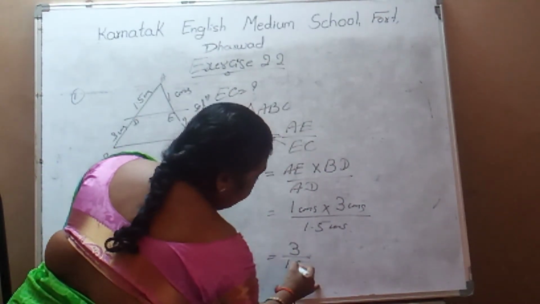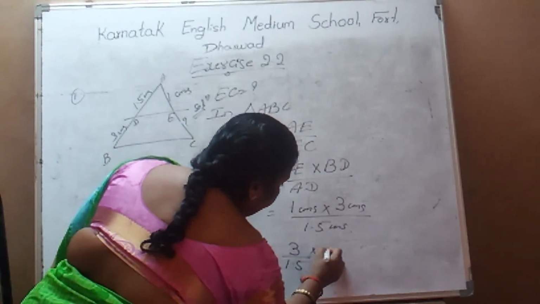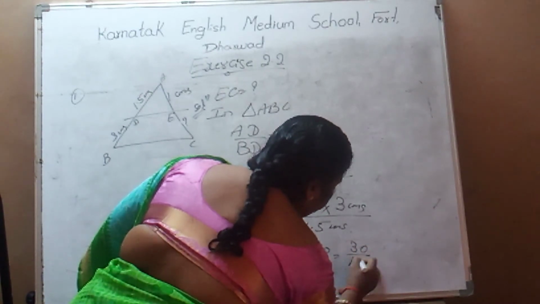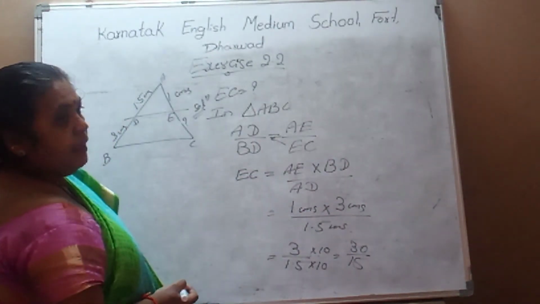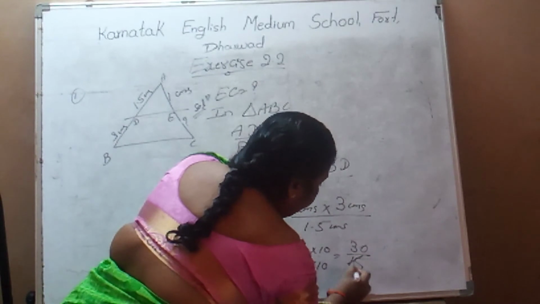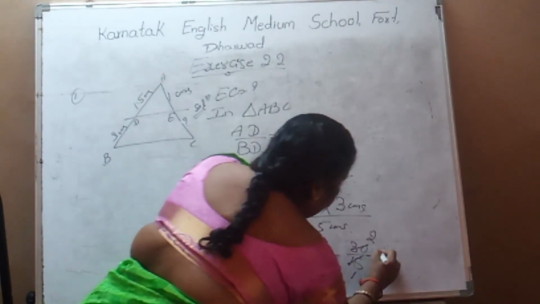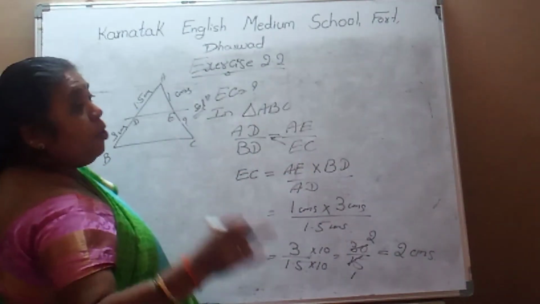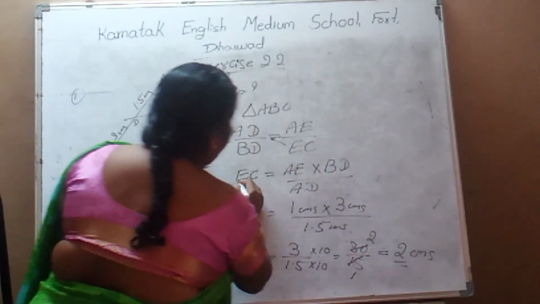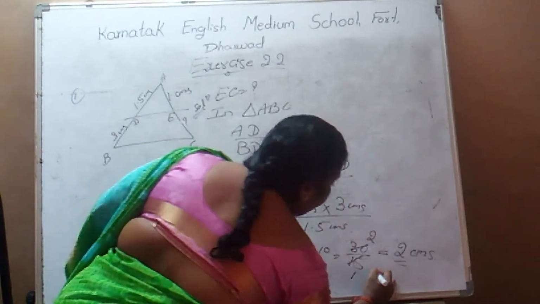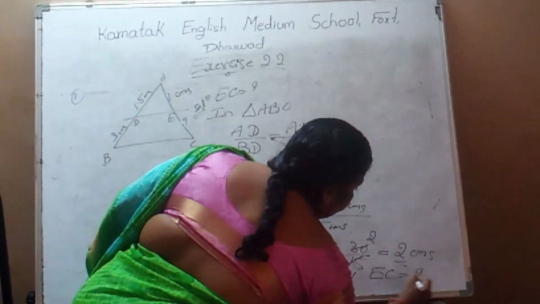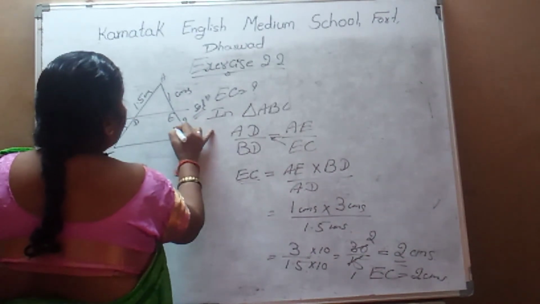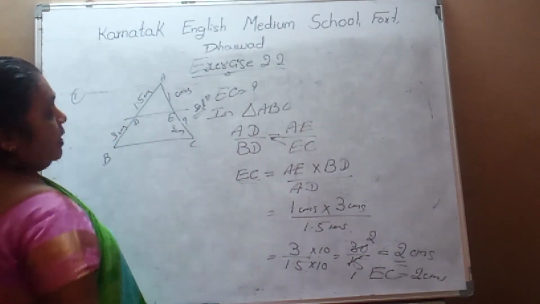Cancel the point, multiply by 10, so 30 divided by 15, which is equal to 2 centimeter. When you got the value of EC equal to 2 centimeter, after that you write here the answer, that is 2 centimeter.